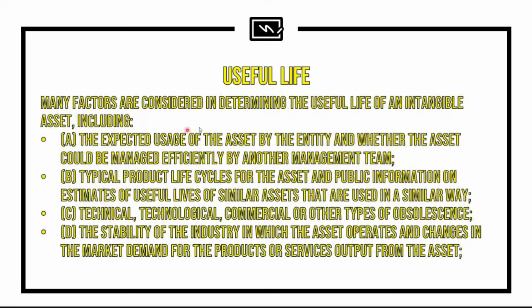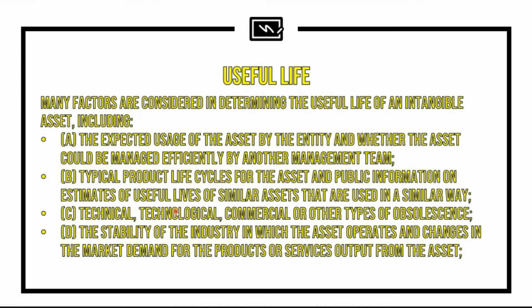Okay? So what are the factors that we usually consider in determining the useful life of an intangible asset? So of course, we have the expected usage, based on the assessment of the management team. Second will be the typical product life cycle of the asset that is going to be generated using that particular intangible asset.